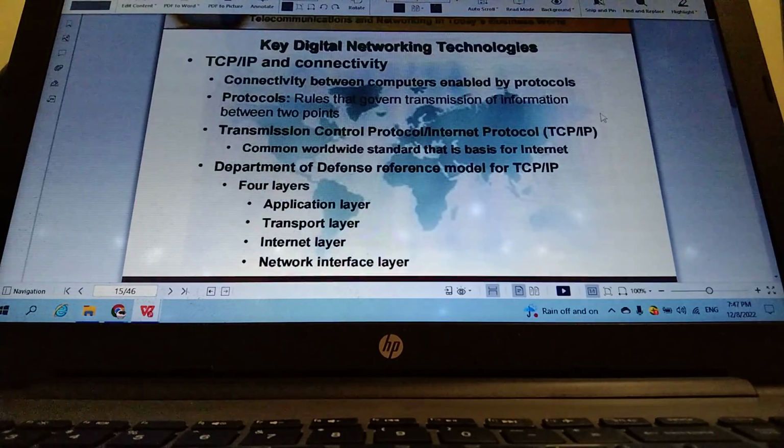And TCP/IP also works under many layers of an IT system. Either there are 4 layers, or we have another model known as 7 layers. The 4 layers are part of the 7 layers, which are known as, from the bottom, network interface layer, internet layer, transport layer, application layer.